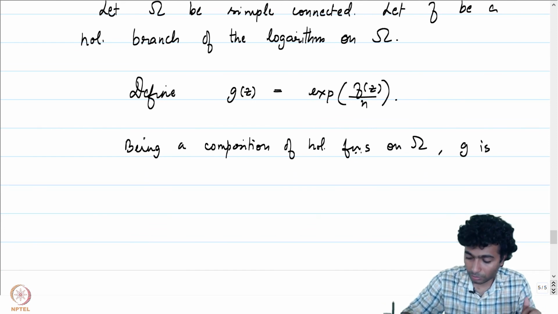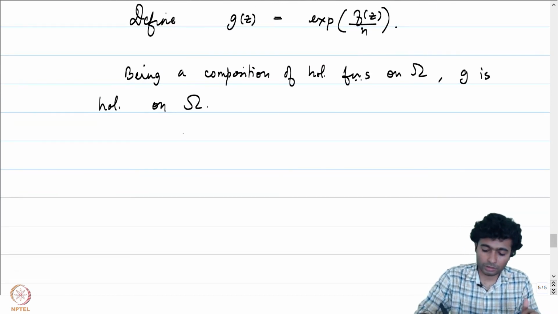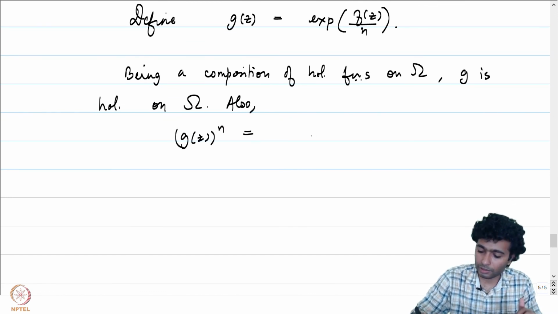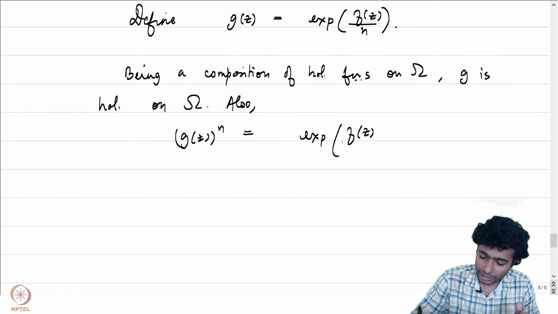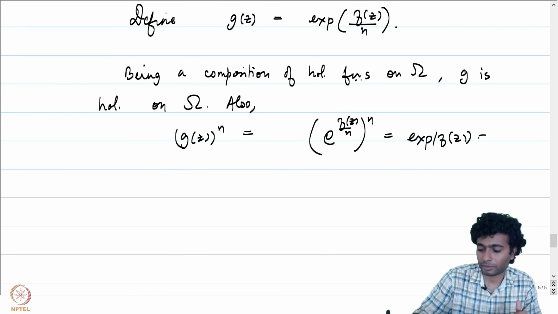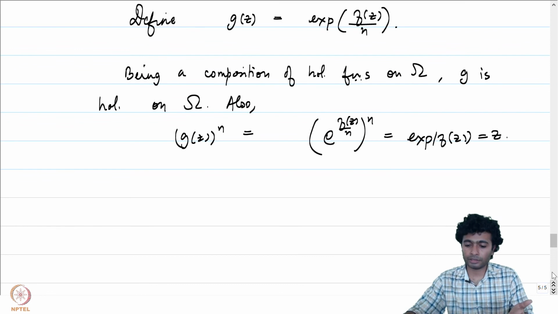We have g is holomorphic on omega. Further, g of z to the power n is equal to the exponential of f of z by n, which is just e to the power f of z by n, the whole to the power n, which is equal to the exponential of f of z, which is equal to z, and this is precisely what we were trying to get hold of. So hence, on simply connected domains, we have a holomorphic branch of the nth root function as well.